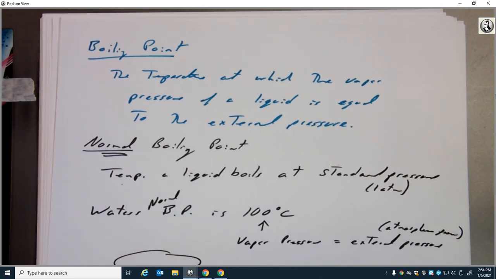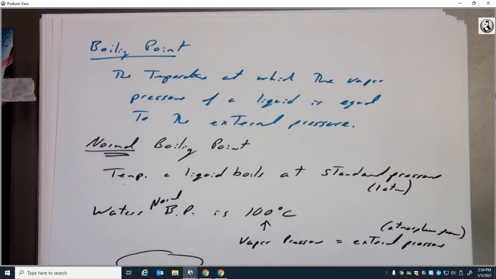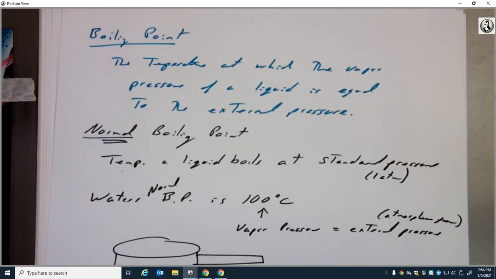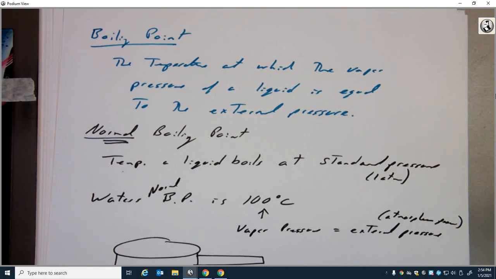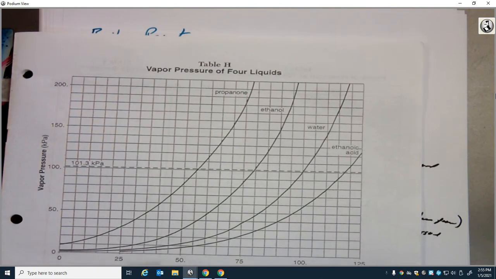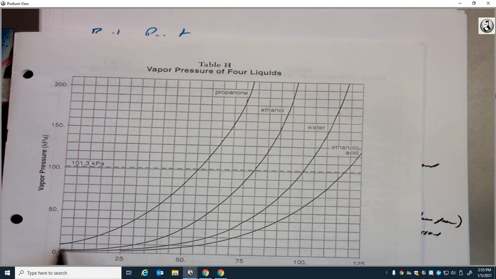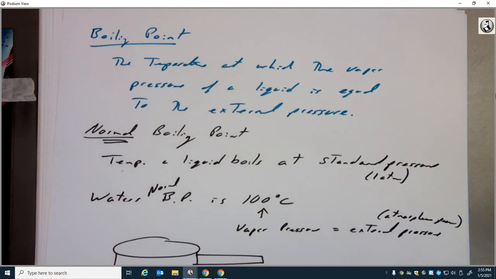So let's say we have a pot, and we have water in it. If this water is at 50 degrees Celsius, the vapor pressure that it produces, and we could look at this chart real quick, is about 13 kPa.